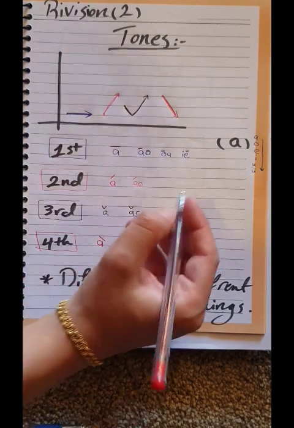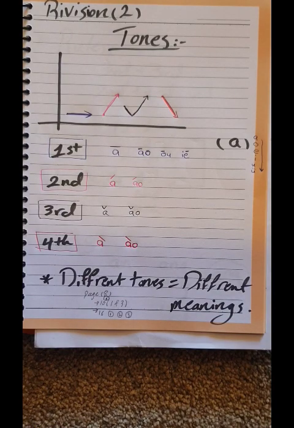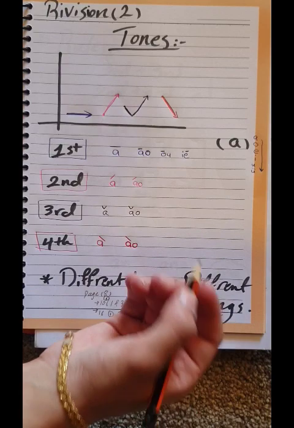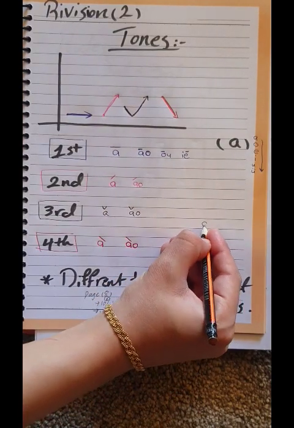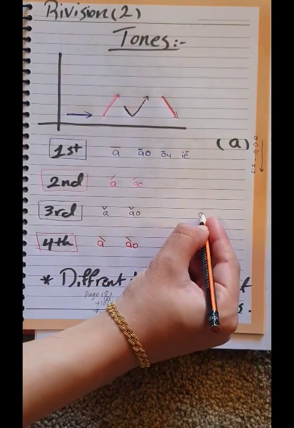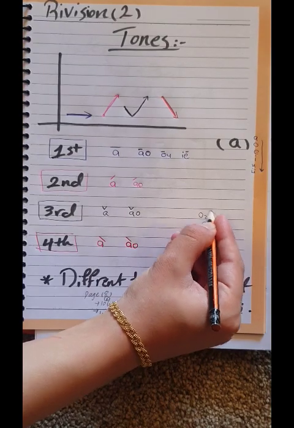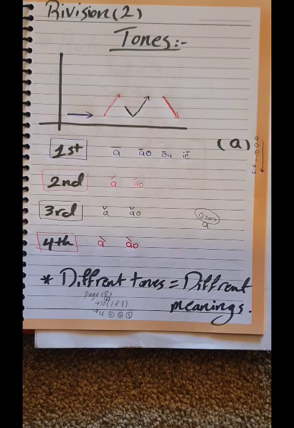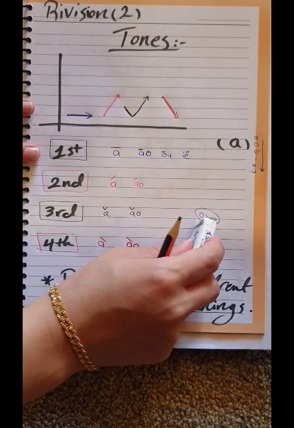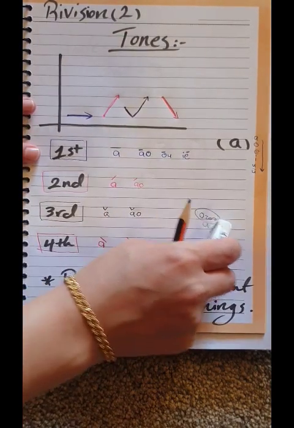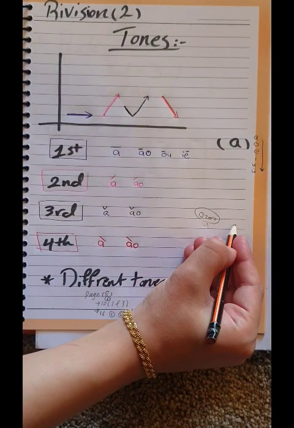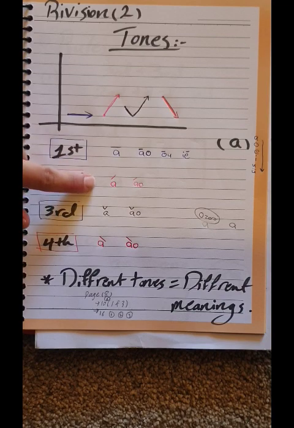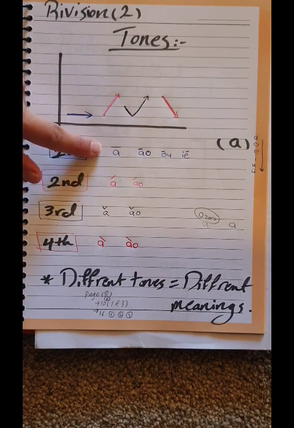And then, guys, we have the zero tone. I'm gonna write it using a pencil because it's the normal one, the natural one. We call it the zero or the natural tone. You just pronounce it as it is. Let's pronounce them again, all of them.